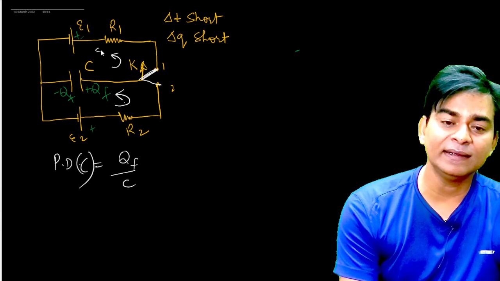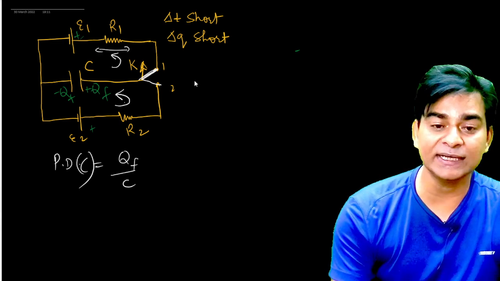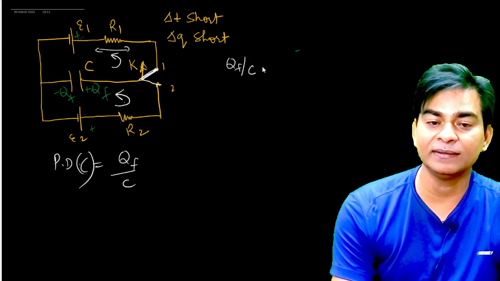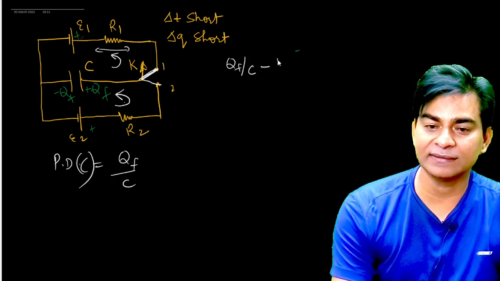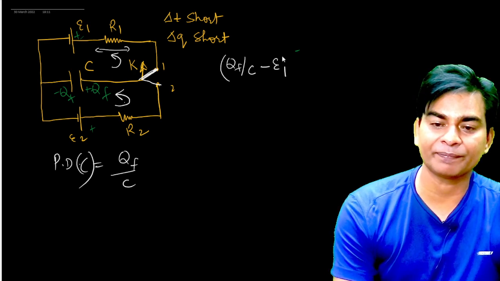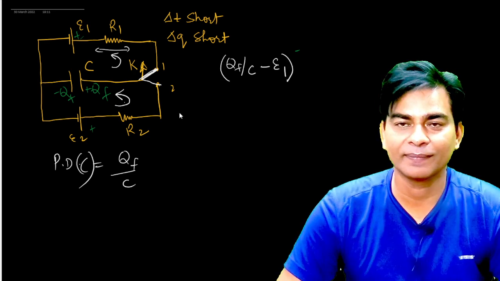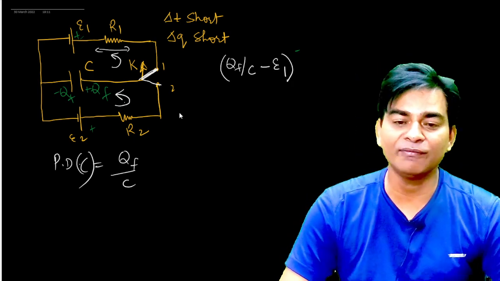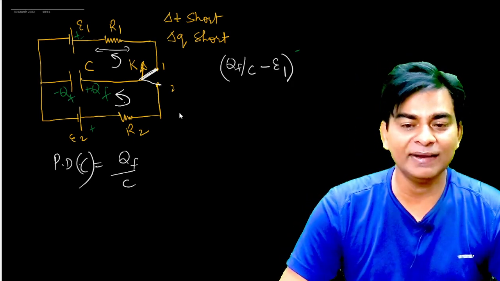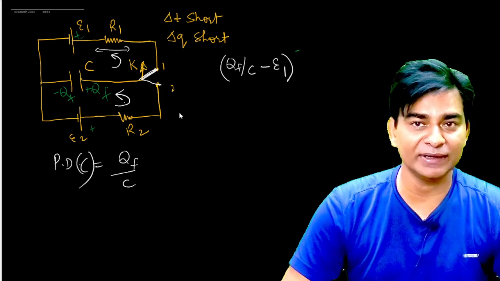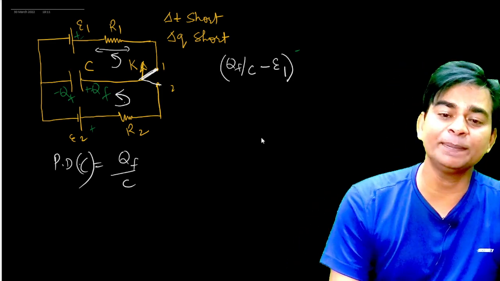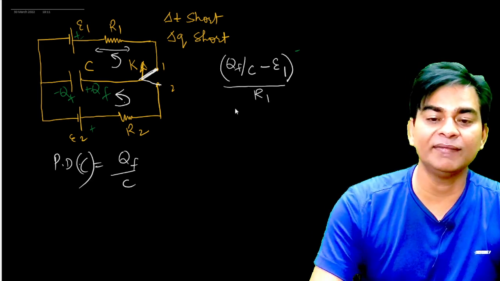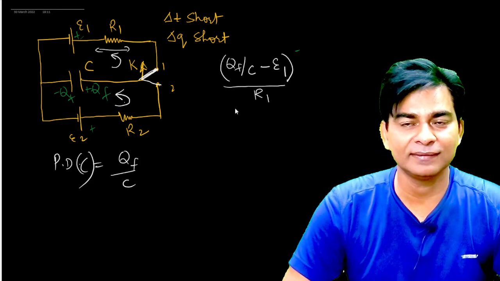Then the potential drop across the resistor R1 will be Q final divided by C minus E1. If this is the potential drop, then there will be a small current, that divided by R1, in the resistor.